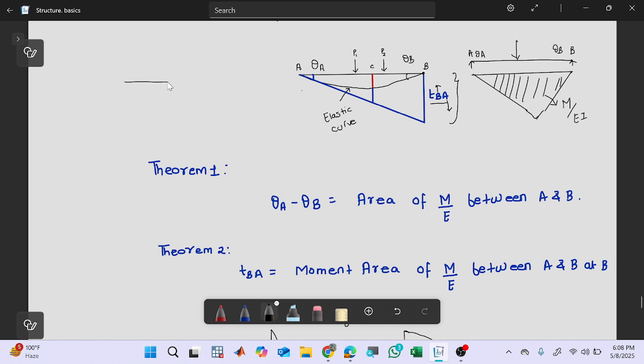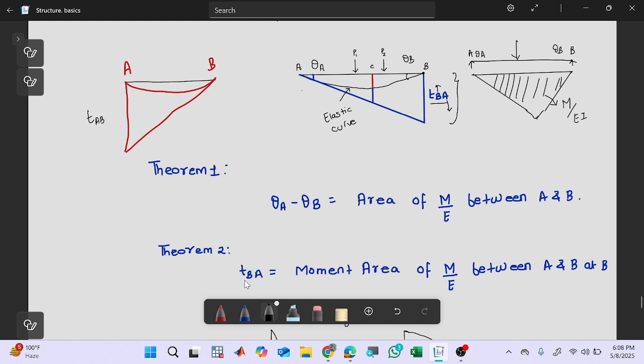Similarly, if I draw one tangent like this from point B, and project from point A, then this will be named TAB, that is the projection from A on the tangent from B. We'll be naming it like this.